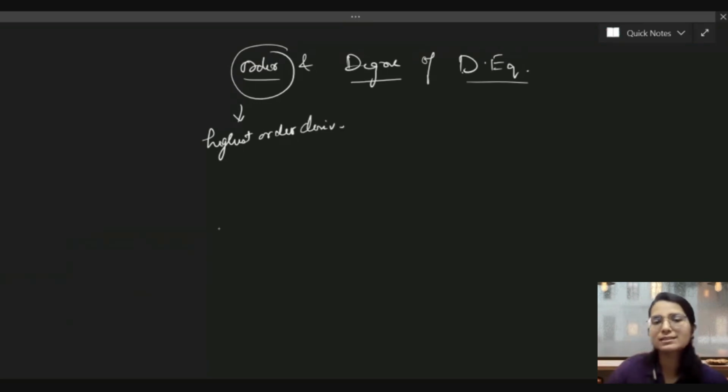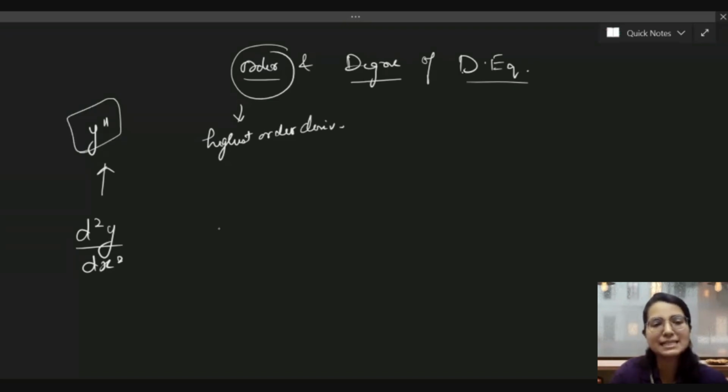So what does that mean? For example, I have a differential equation. You can also write these derivatives as y double dash. If you want to do a little less work, you can write the second derivative as y double dash, the first derivative as y dash, or y prime, sometimes we say.